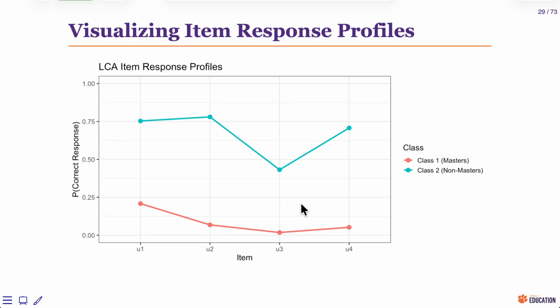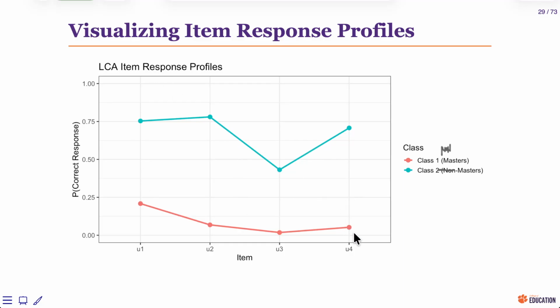So McCready and Dayton called this class the mastery class. Ignore this non-mastery label right here. Non-mastery would be class 1. Anyway, non-mastery here is class 1, and you can tell why they called it that: students from this class have a very low chance of answering each item correctly, much lower than the students in class 2.